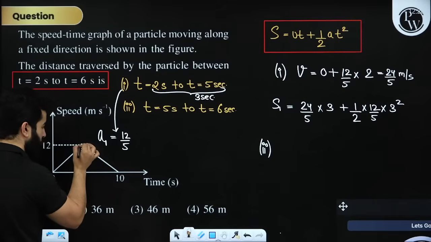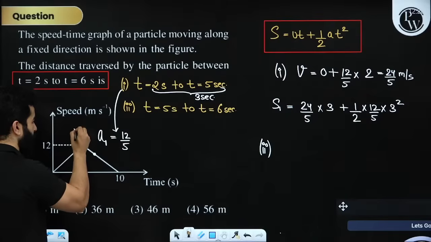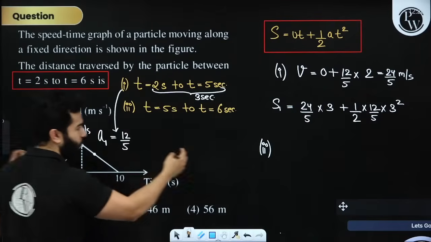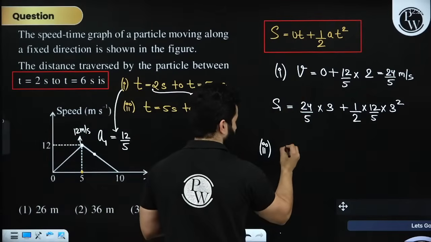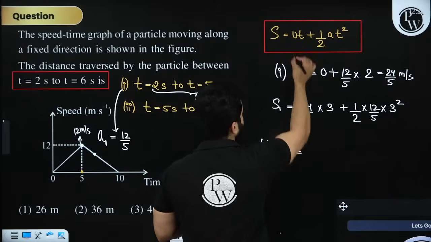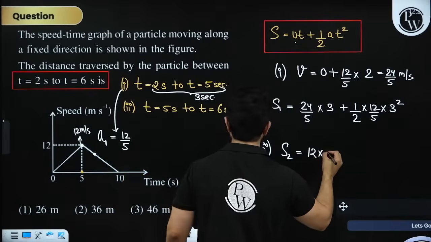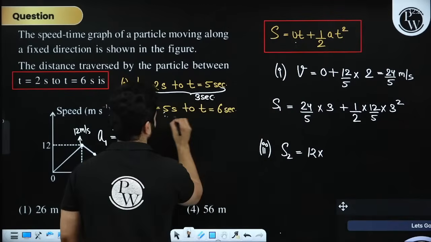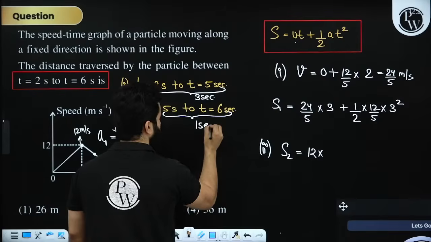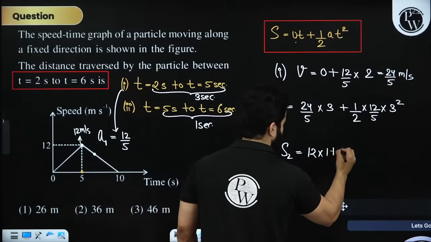Then for the second part, my dear friends, please remember we are talking about 5 seconds to 6 seconds. At 5 seconds the velocity is 12 meter per second. So you don't have to find the velocity again, simply use S2 equals ut. Instead of u, you write 12, into t, and t is 1 second, plus half acceleration.